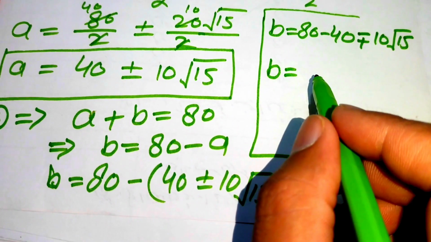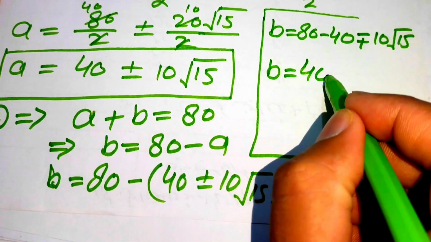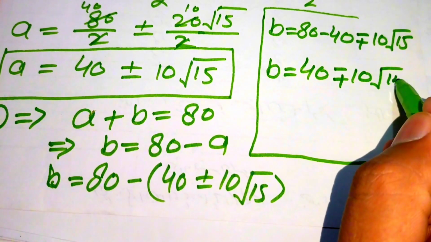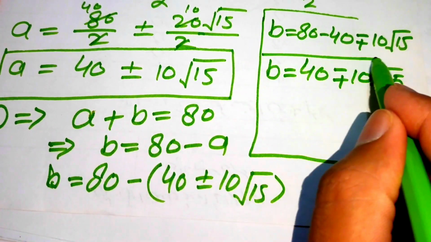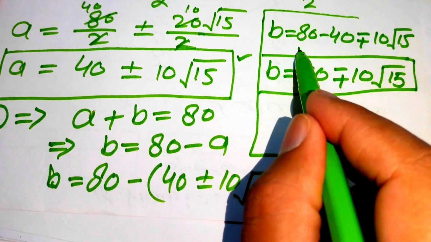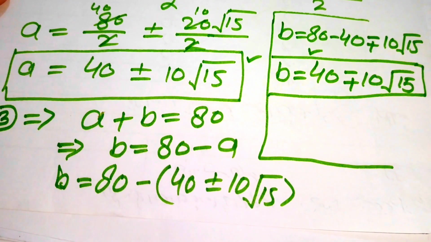So we easily get that the value of b is 80 minus 40, which is 40, minus plus 10 times square root of 15. So these are the two values of b. These are the values of a, and these are the values of b, and this is our final answer.